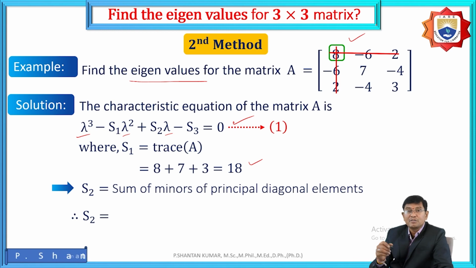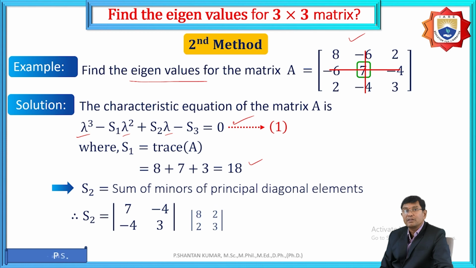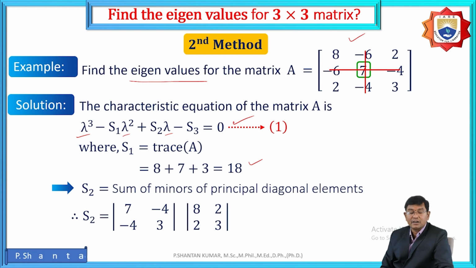That is the first minor of the principal diagonal. And similarly for the second one, the middle term's minor: we delete its row and corresponding column, and the values are 8, 2 and 2, 3. Therefore, we also need to find that determinant value.